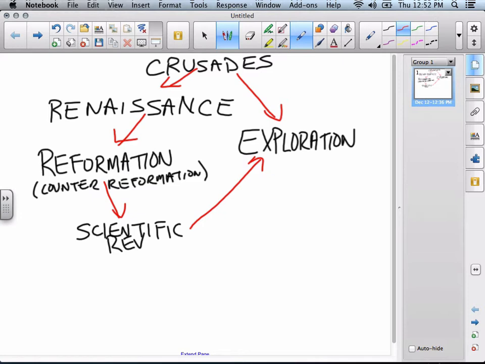I've got all kinds of people questioning religion, questioning common beliefs about the way the earth is and operates, questioning how my body operates. I've got a colony or a bunch of colonies overseas to control. What do I have to do to keep a lid on all of this questioning and all this territory? I have to take control, which we call? That's right. I've got to get absolutist.